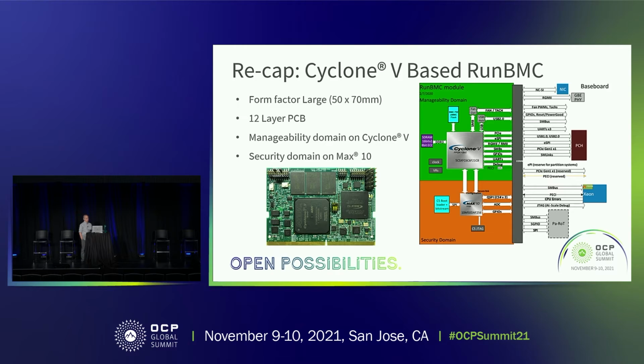The management domain is where the Cyclone V SoC lives, a combination of FPGA fabric and ARM cores running the OpenBMC firmware stack. As you can see, the majority of typical hardware interfaces from the platform go through the FPGA fabric, which provides a lot of flexibility in handling multiple platforms with one module. And just by reprogramming the FPGA part, you can put the same module into a completely different subsystem.